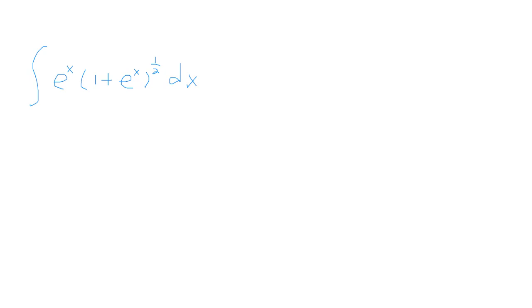So now we need to figure out du. Once we set up u, we figure out du. du is just e to the x dx. Is the outside e to the x covered by the du? Oh, you're right. You're right. Thank you.